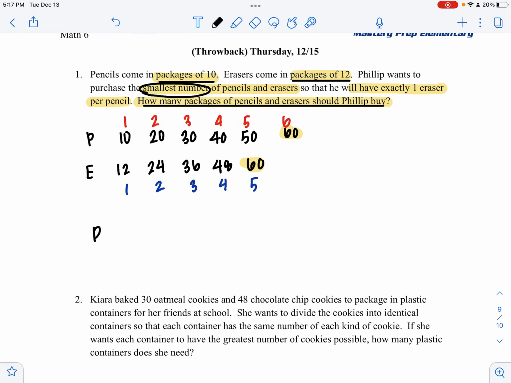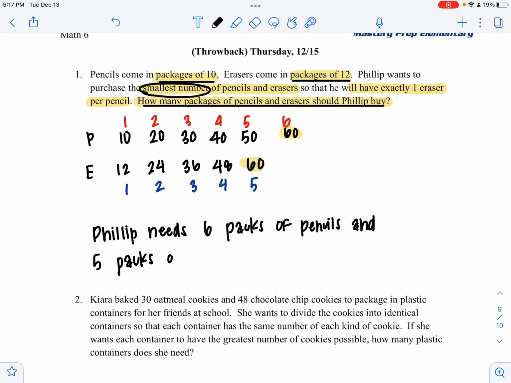So, as always, you'll want to end that question with a full sentence. Philip needs 6 packs of pencils and 5 packs of erasers.